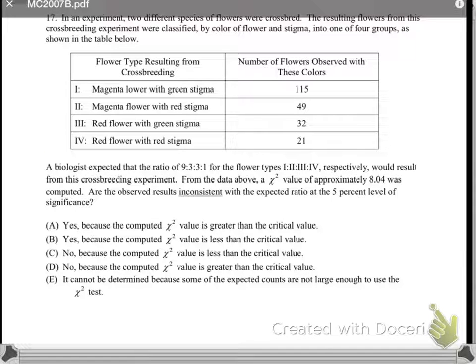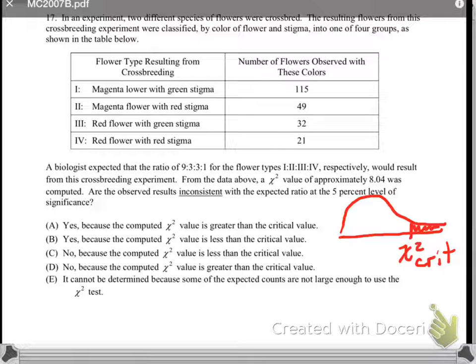All right, so this one took me a couple of times to read, and I realized I couldn't make an answer choice here because I didn't know what I had to do. So anyway, here's my chi-square distribution. The number that goes here is called chi-square crit, your critical value.